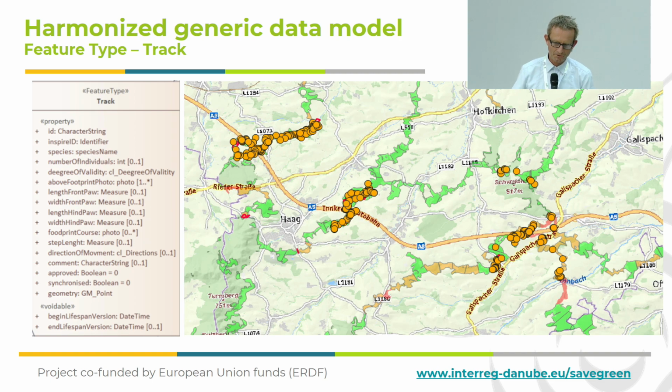One of the most important feature types is the tracks, and there we have the species, the number of individuals, and the degree of validity, because it's always hard to really classify the track. We have a photo of the footprint from above, the length and width.